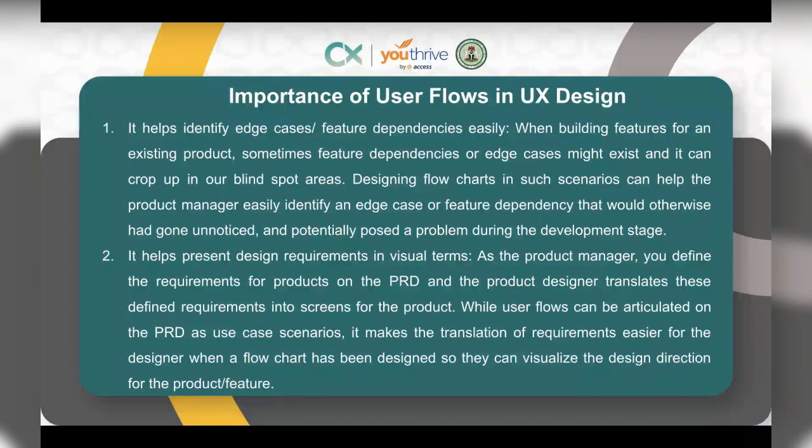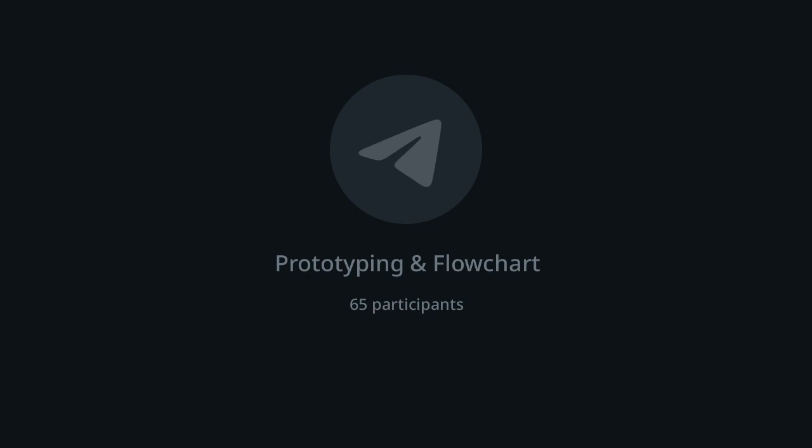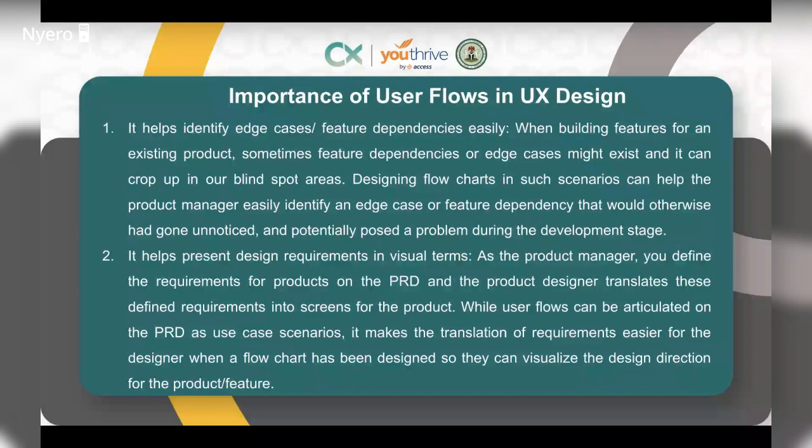Now, note that I'm not saying that feature dependencies or edge cases are bad. They are not bad. What I am saying is that you should cater for them when you're documenting your PRD. If you don't, and your developer in the course of coding figures out that these scenarios exist, you will have to go back to the PRD and start fixing it, collaborating with your manager or whichever stakeholder is involved.